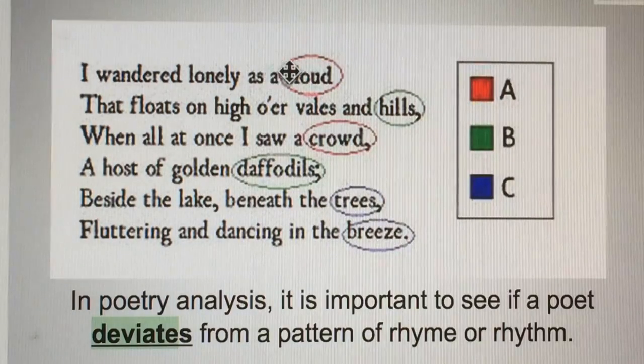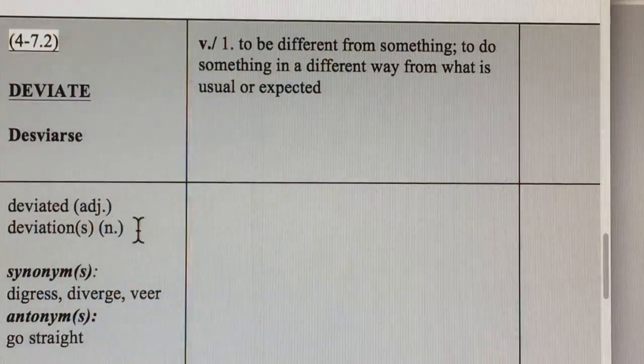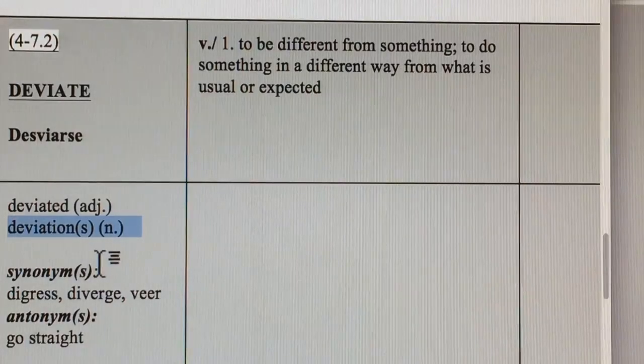So this poet goes away from this pattern of oud, ill by adding e's and e's. That's where the poet deviates. Or we can call that the deviation. Okay, so the poem has a deviation in line 5 and 6 with the end rhymes of e's.